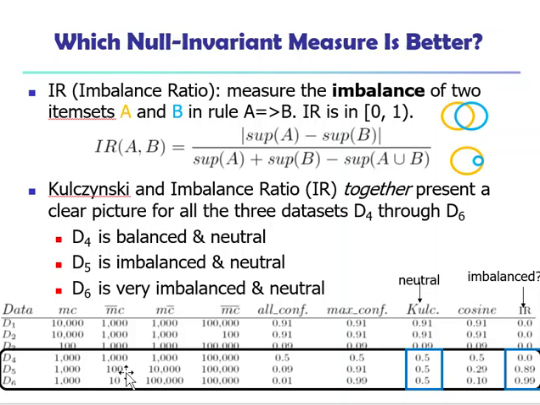But looking at people buying milk, adding this and this together, it's 11,000. Among 11,000, only 1,000 are also buying coffee. So in that direction, we only have a confidence of 9%.